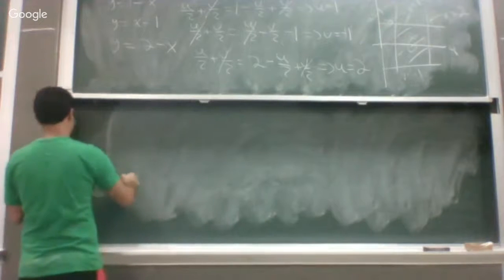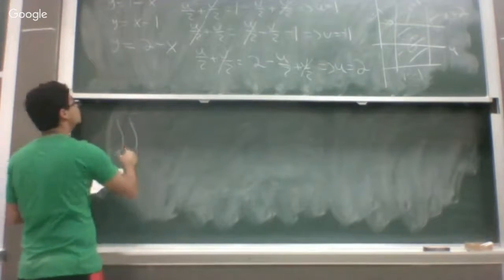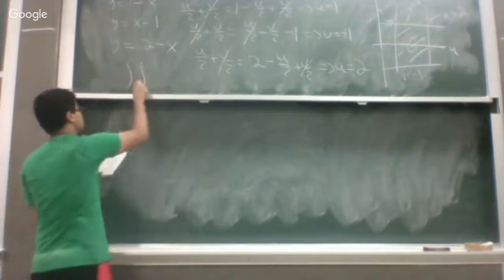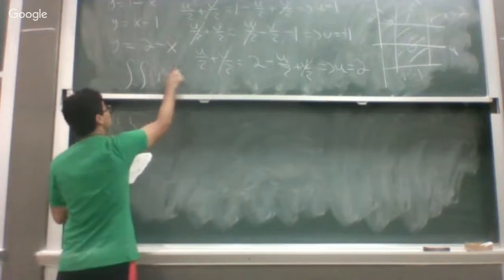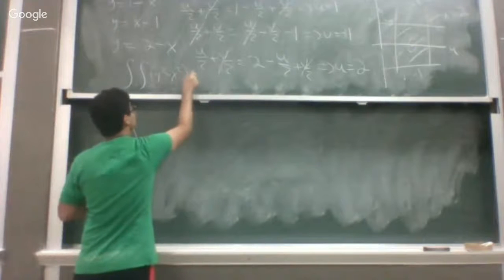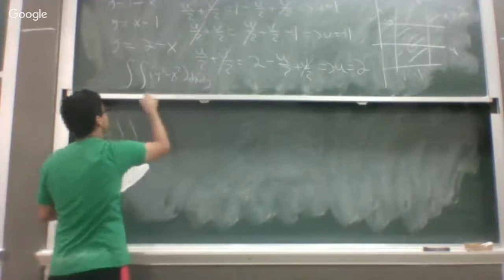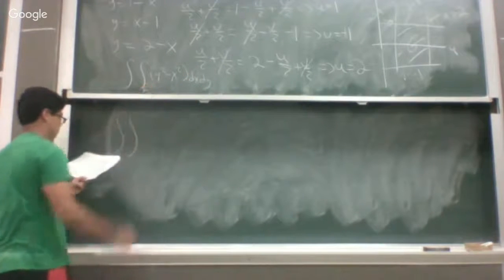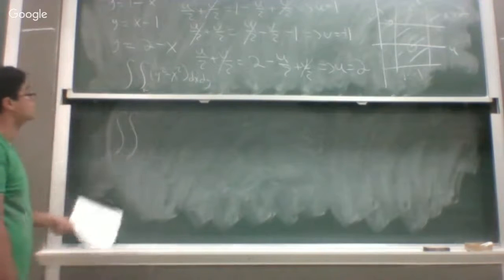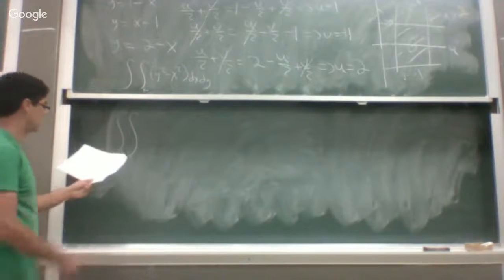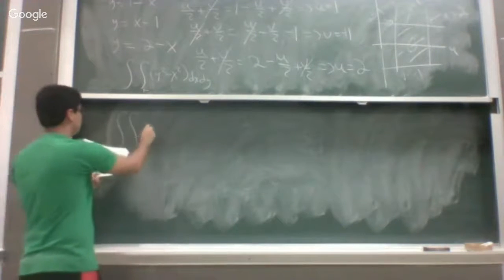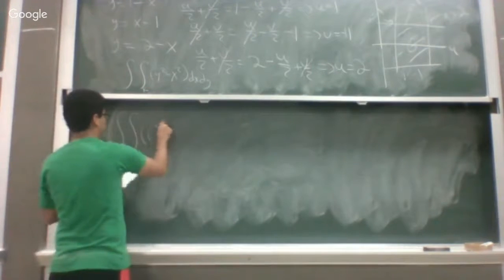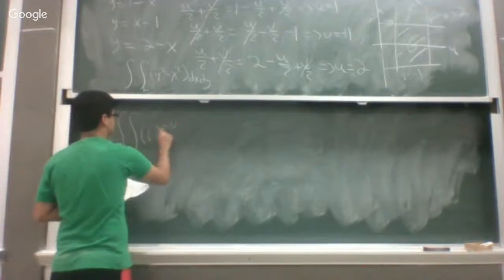So we have the integral of y squared minus x squared dx dy. So we have to convert everything. Here we will have y squared, and we knew y was u plus v divided by 2.